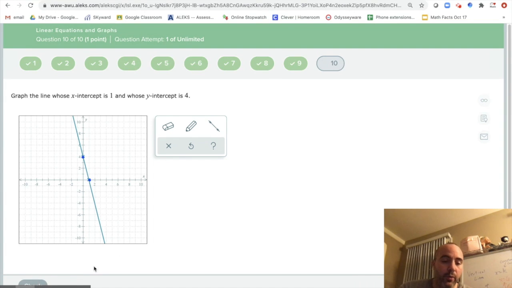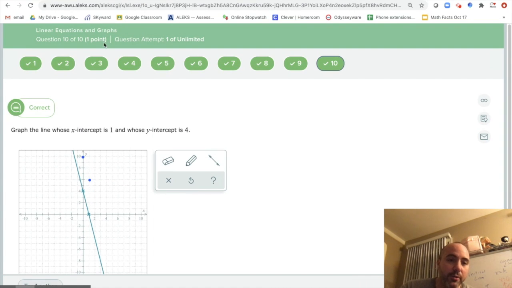Okay, so your assignment, as you can see, is called linear equations and graphs. And when you log on to Alex, it should pop up automatically for you to take. There are 10 questions on here. I'm assuming that you can get this done by the end of the period. Now, I've made it so it's unlimited attempts.